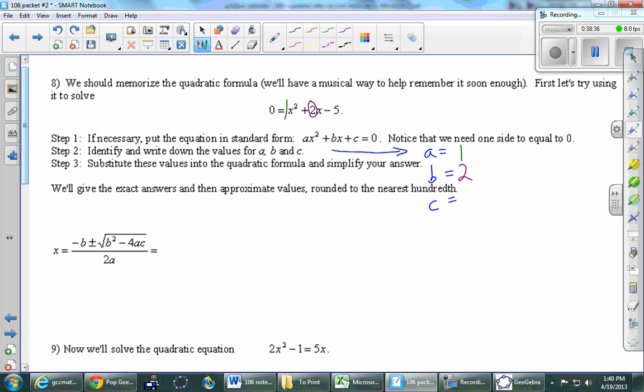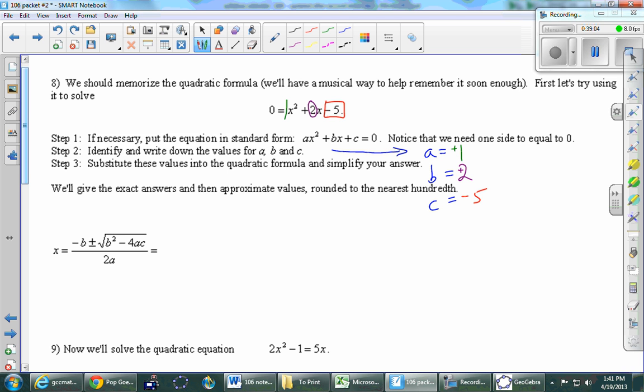I'll circle it in purple. +2. Yeah, maybe we should be consistent. We'll keep putting the signs in. C is the number that's by itself. It's -5. Yeah, so maybe I like Sam's idea there to say positive when it's positive, because if it's negative, we better include that. Are there any questions on where we got 1, 2, and -5?